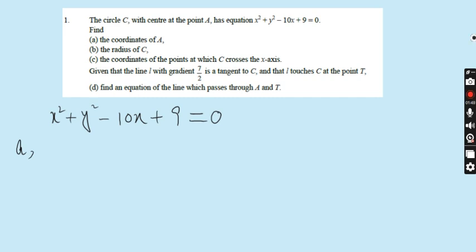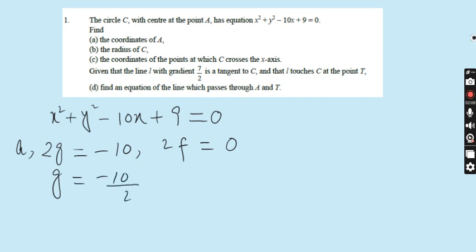So compare the equation with the general equation of circles. The coefficient of x is minus 10, which is 2g. The coefficient of y: there is no y term, so it is 0. So g equals minus 10 upon 2, which is minus 5, and f equals 0 upon 2, which is 0.